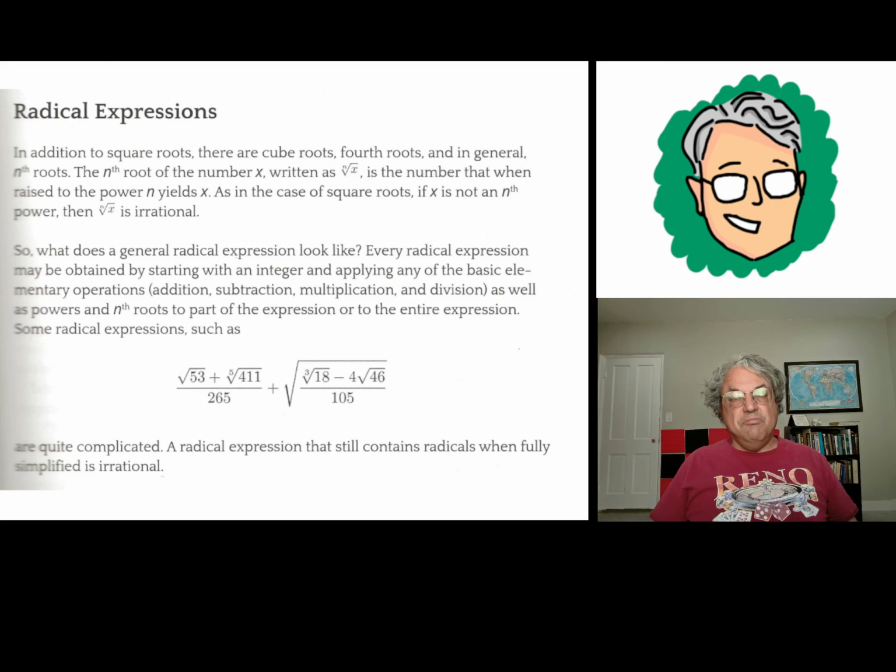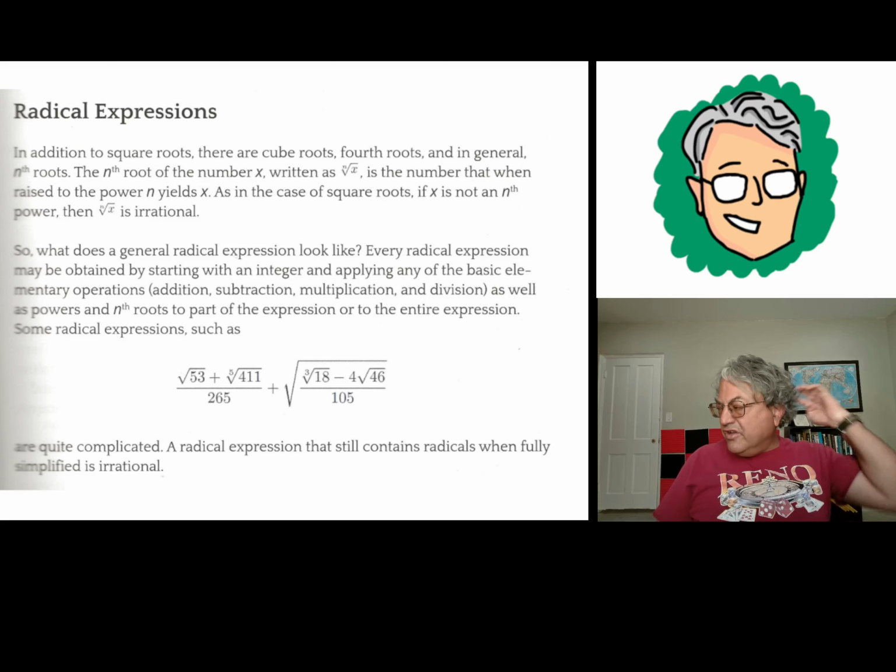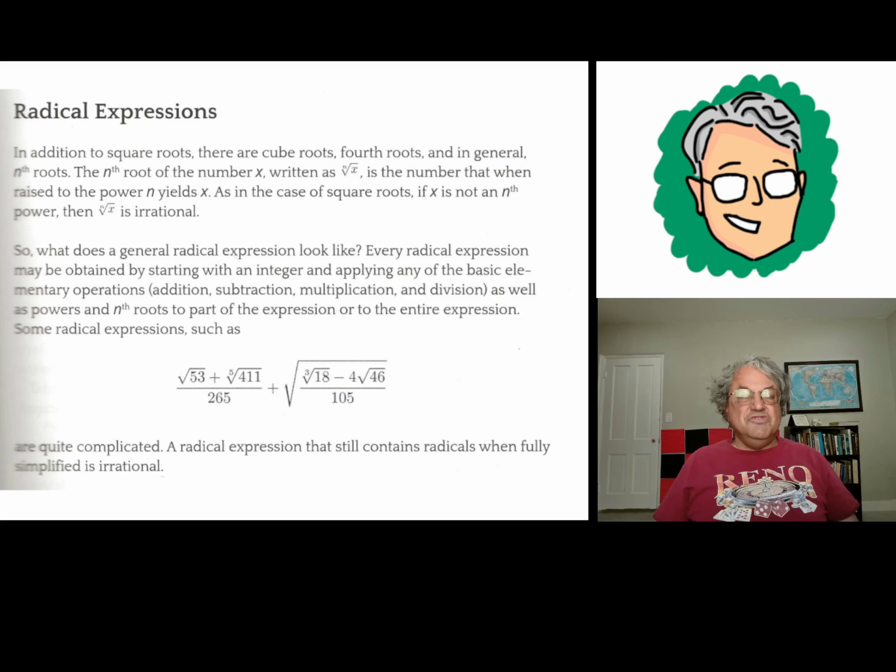There's one more thing I'm going to mention before I get off. This is a very short video. Nth roots are examples of roots of polynomials, and they're very simple roots of polynomials. That's where the name comes from. For instance, the square root of 2 would be the positive root of the polynomial x squared minus 2.